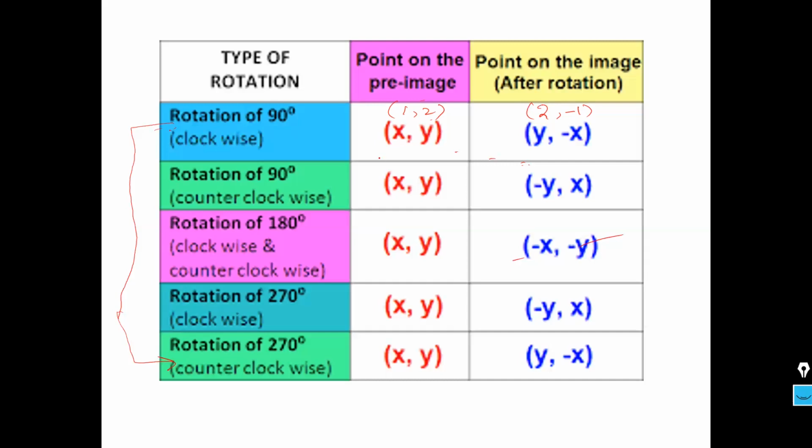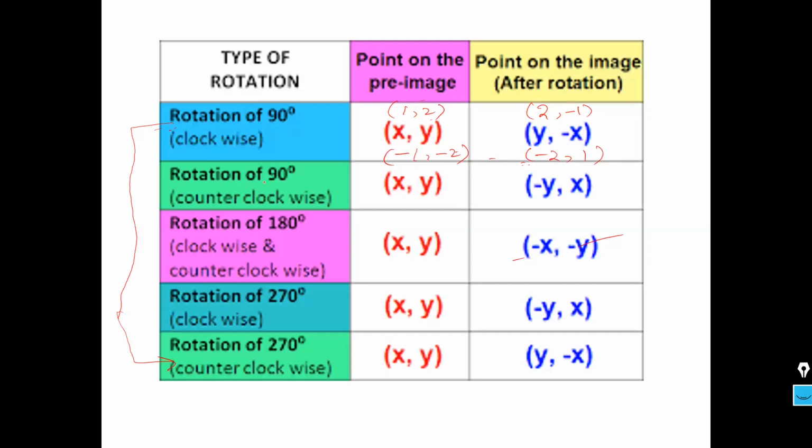If it is (-1, -2), what will happen? It will be -2 in the place of x, and this -1 will be multiplied by negative and we get 1 in the place of y. So this is the way we change the coordinates of the shape.